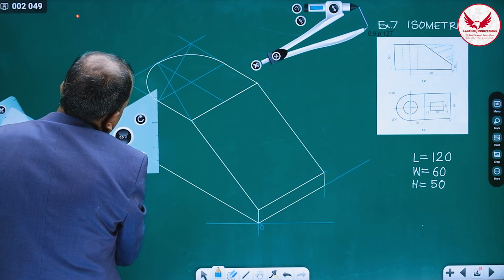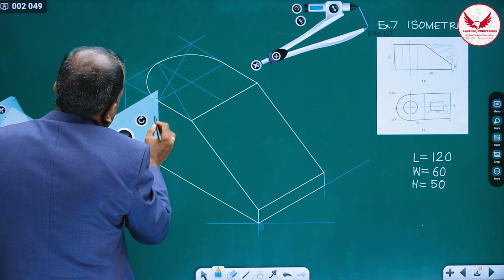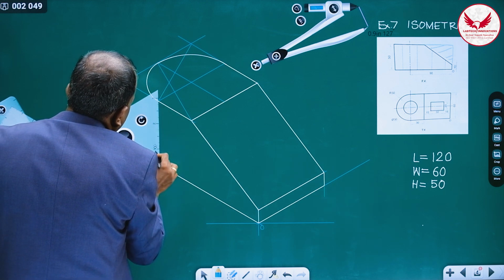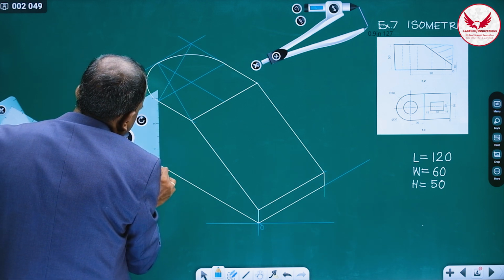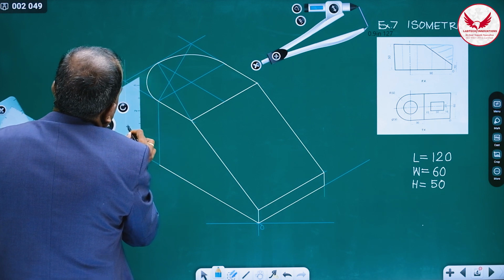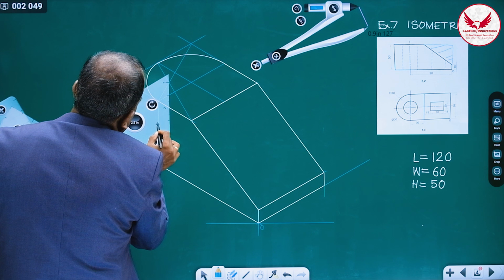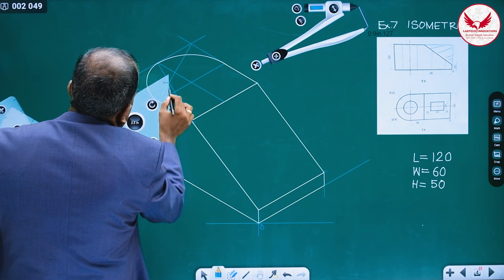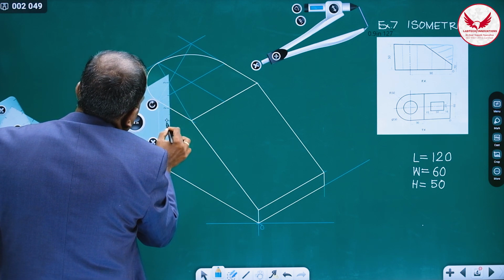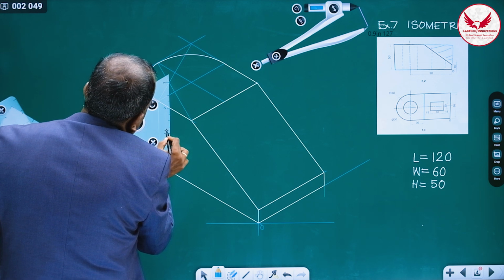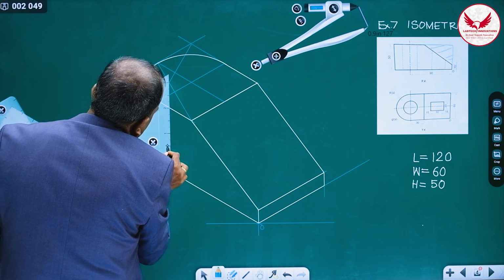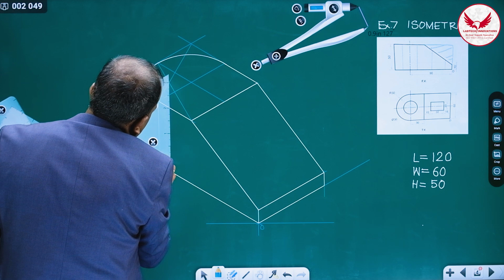From this to this, if I mark this line, it will be 50, it will match with this. Then the curve changes. Whatever the visible portion of this curve will be, it will be concerned with this center, and this center we have to shift by 50, perfectly by 50.